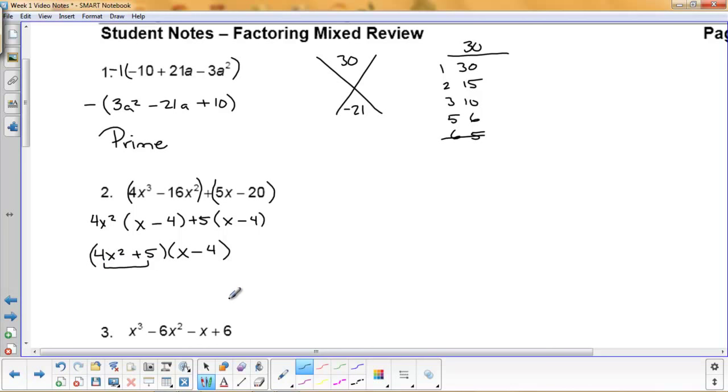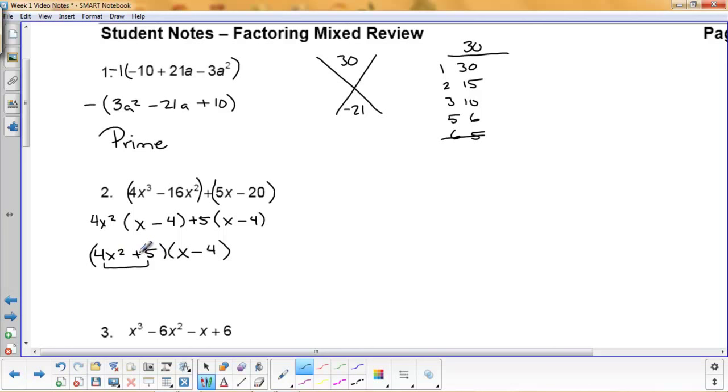Now the reason I would stop for just a second is I would look at this and think, okay, is there a way to factor this any further so that I can make it more simple? And the only way that I could would be if this was a perfect square. And so you'll notice that the first one, 4x squared, is 2x quantity squared, but 5 is not. If we change this real fast to 4x squared plus 25, we'd be getting closer.